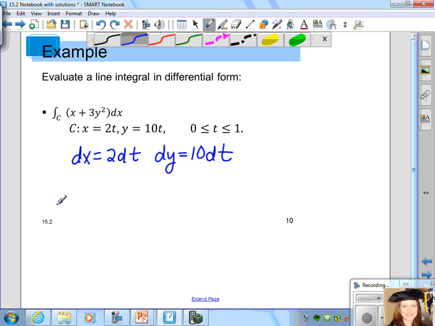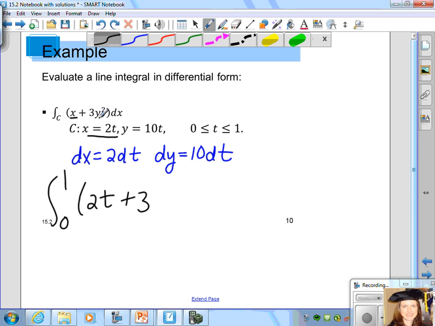Now you're going to take this line integral, which is in differential form. The bounds are going to be the bounds for the path from 0 to 1. You're going to replace the x in the line integral with what x equals on the path, so that's going to be 2t plus 3.